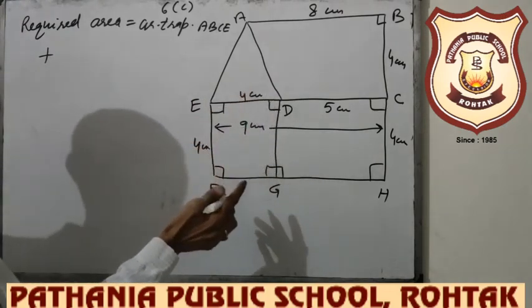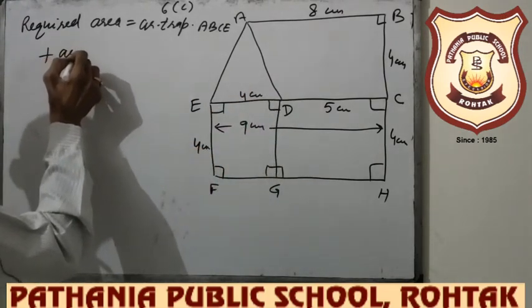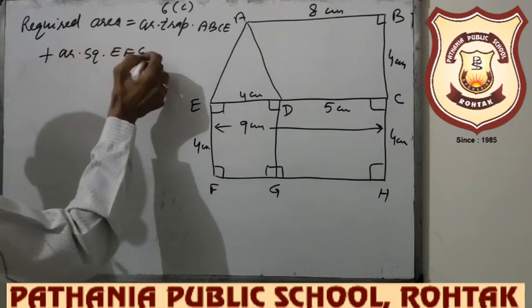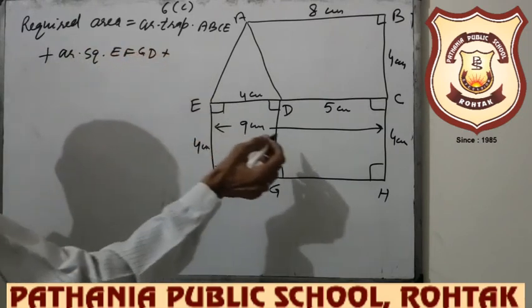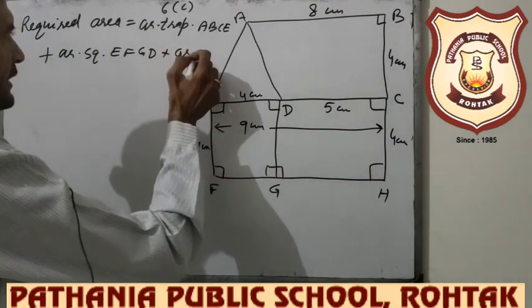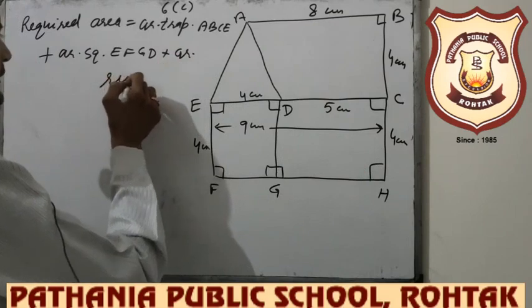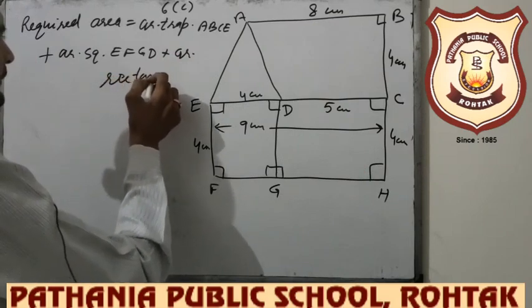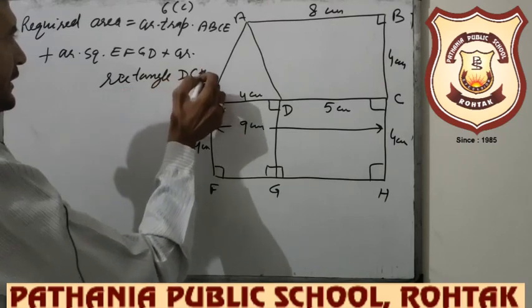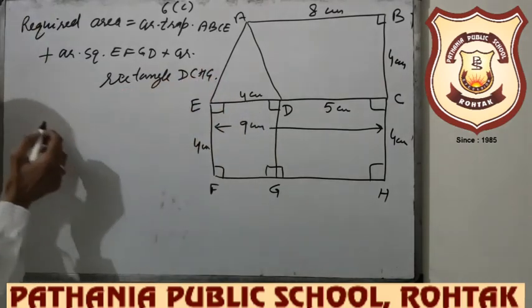So area of square EFGD plus area of this rectangle DCHG, area of rectangle DCHG. This is the complete area.